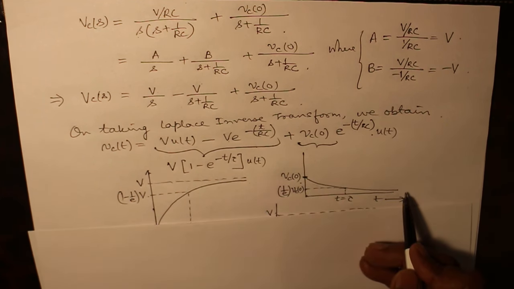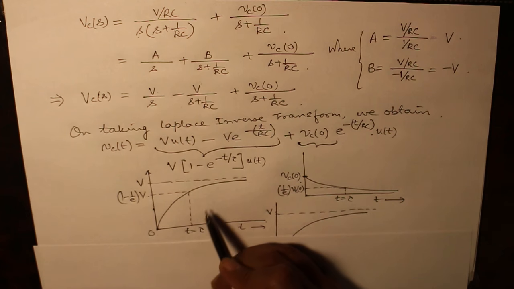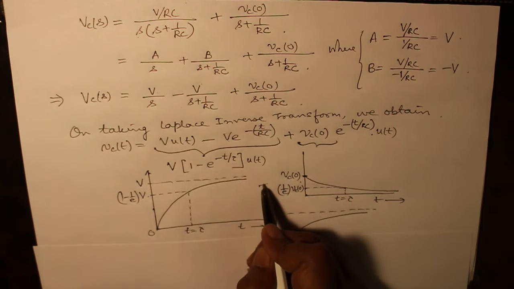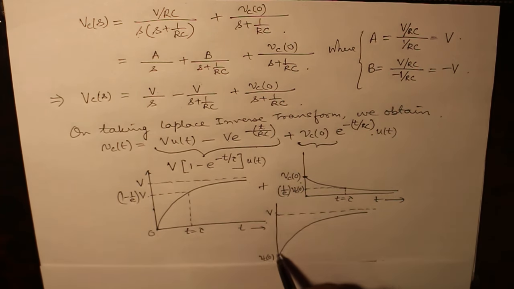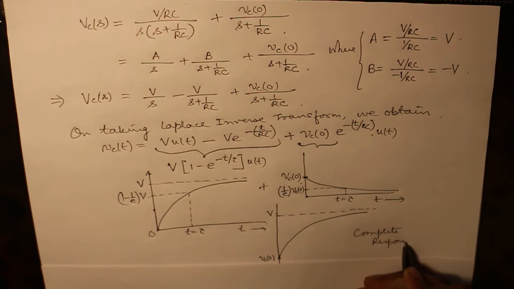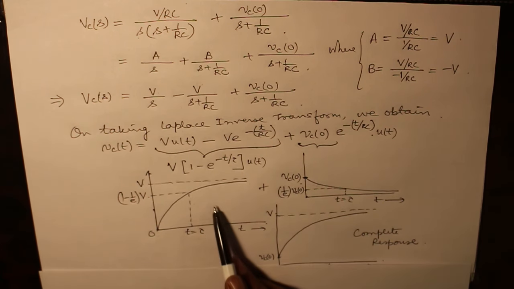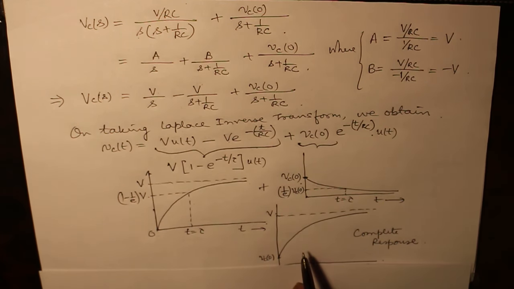Zero excitation response and zero state response. And these two are combined together. This and this combined together, you get the complete response. One thing can be compared. These expressions, these diagrams are exactly the same as we had for an RL circuit.